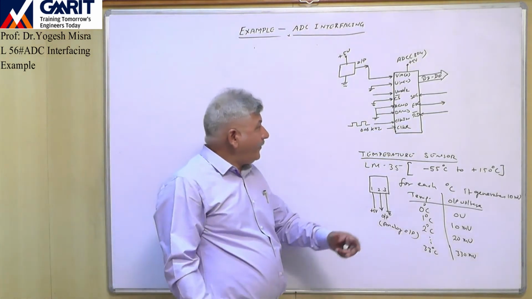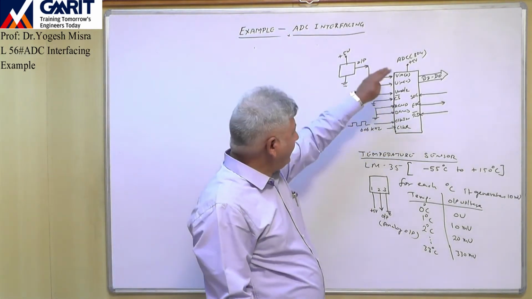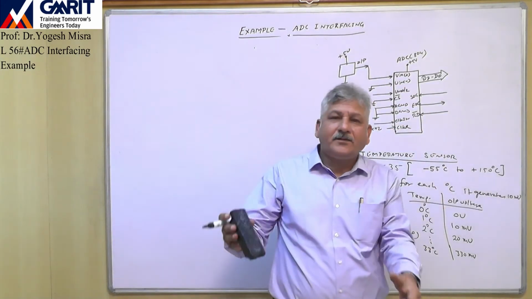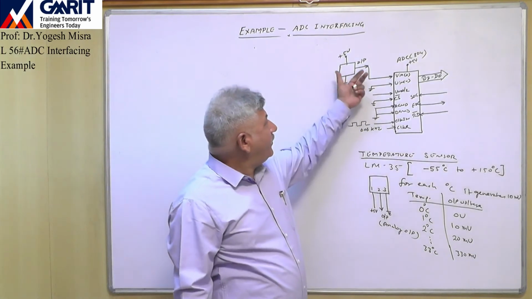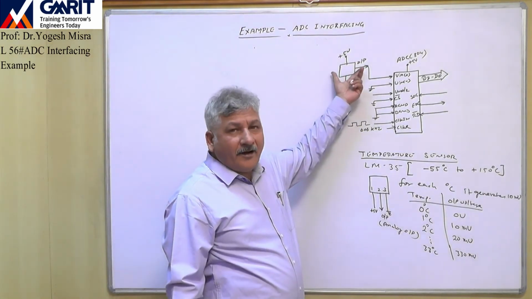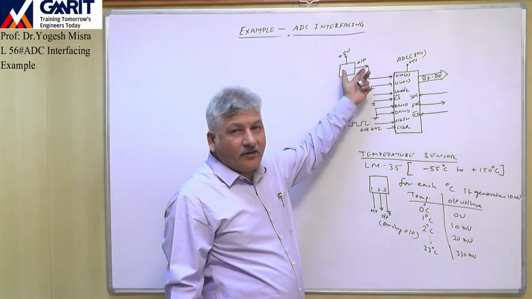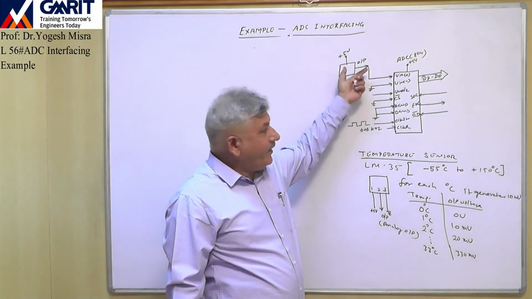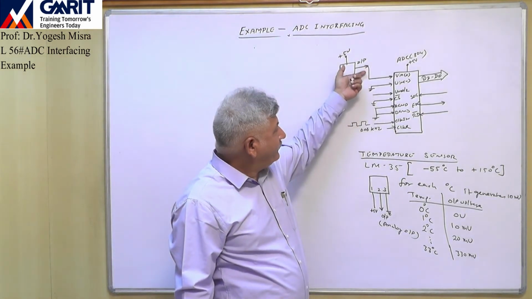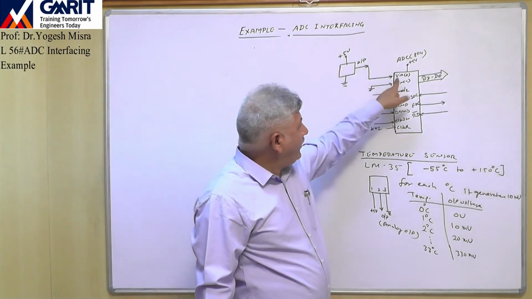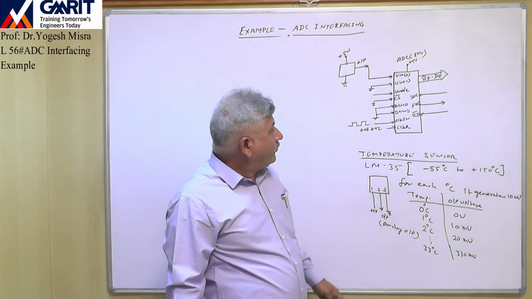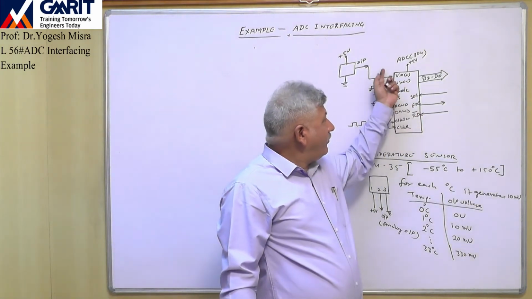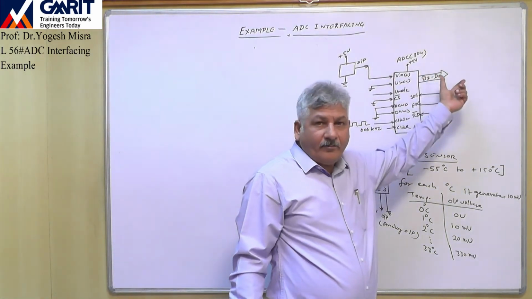Now what will happen? This particular arrangement we have placed inside one room. Depending upon the current room temperature, one output voltage will be generated, and that output voltage is connected to V in plus of this ADC. So this ADC will convert that analog voltage into digital form.